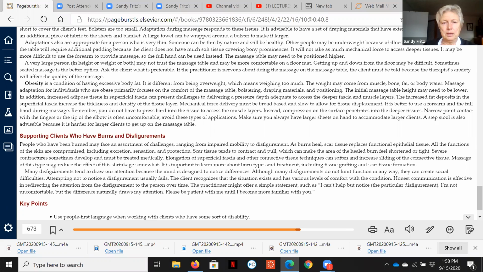And we need to respond by knowing that and acknowledging that you might be a little uncomfortable and that it is your intention to get over that as quickly as you can. And that person who has the disfigurement is going to know that because they live with it every day. So it takes a little time to get to where you see the person.